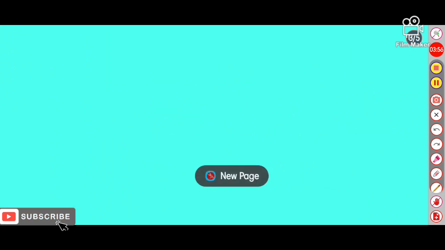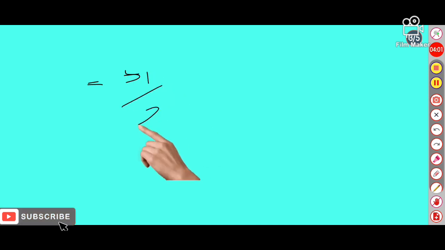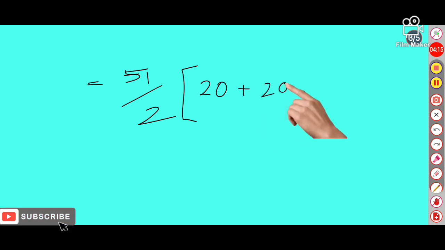Now, by applying the formula of Sn, that is n by 2, so 51 by 2 into (2 cross 10 is 20) plus (n minus 1, that is 51 minus 1 is 50) into the d value, which is 4, so 200.